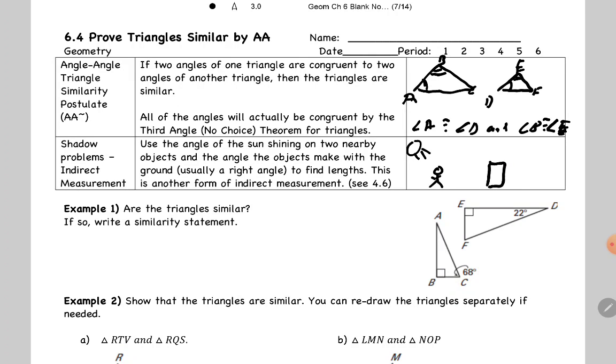There's the stump, and then we have maybe little apples or oranges. But basically, if the sun is shining on two nearby objects, we can use their shadows and their heights in order to find the height of tall objects, like the tree here.